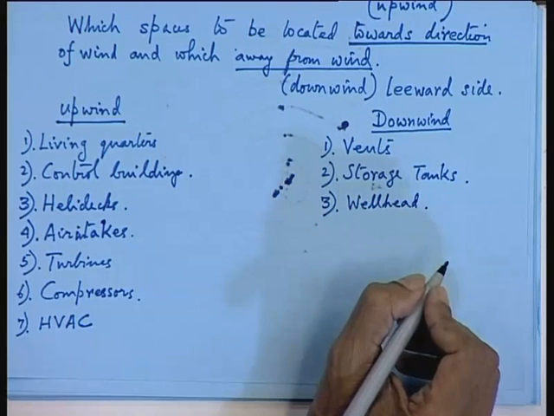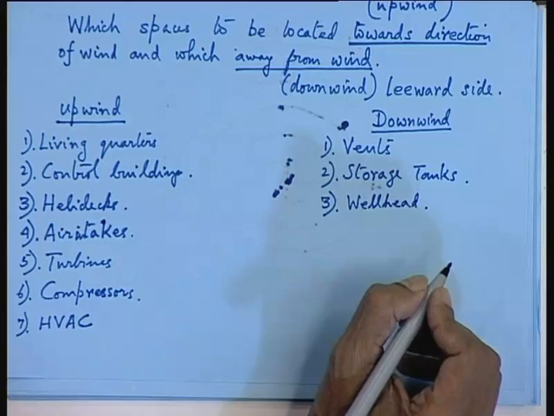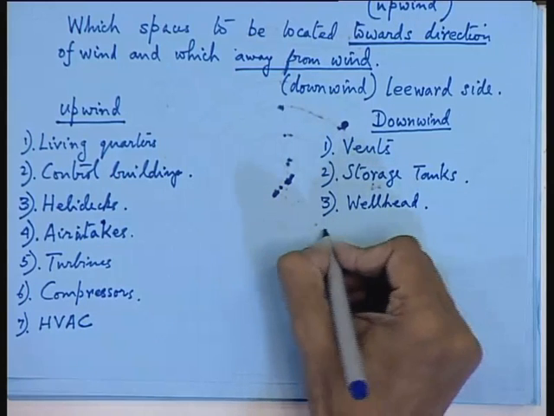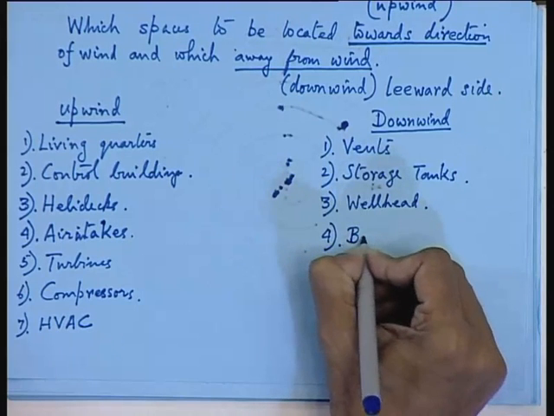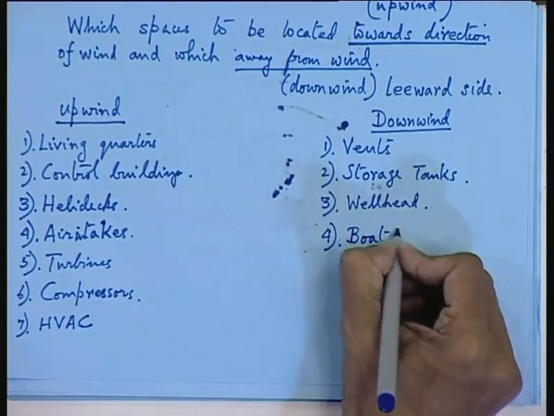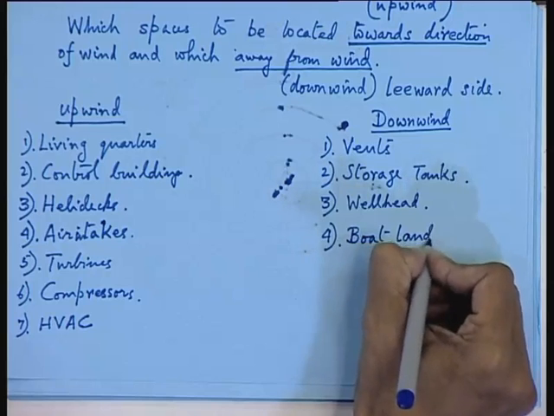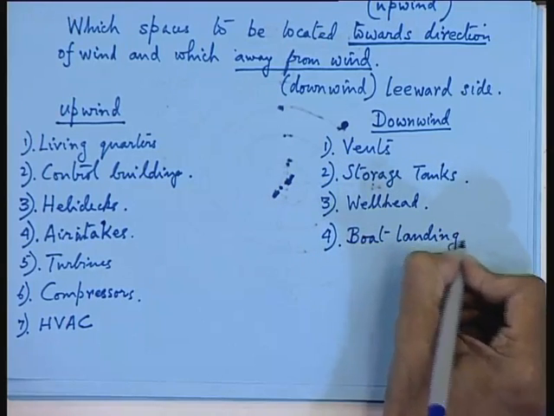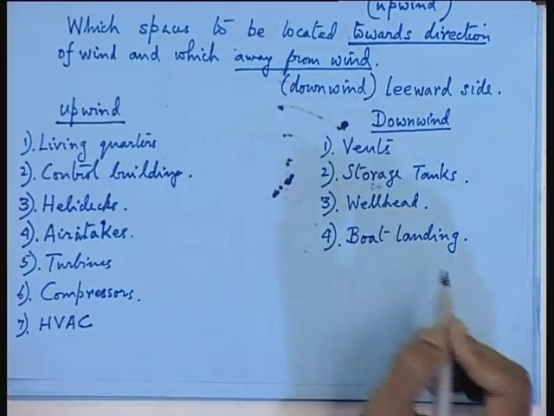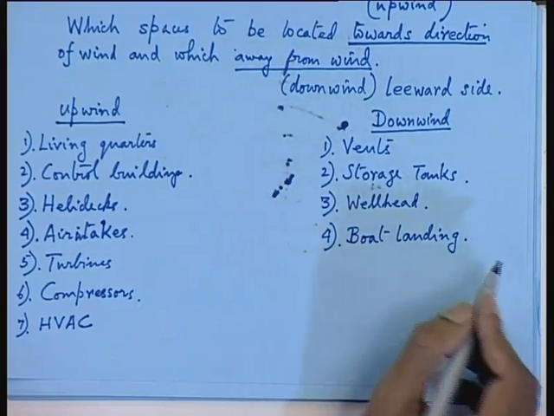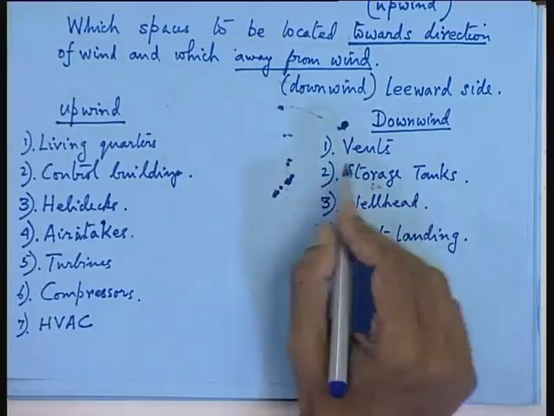And the other is boat landing. So that means in case of evacuation of the platform that has caught fire, people should not be exposed to very high velocity winds.